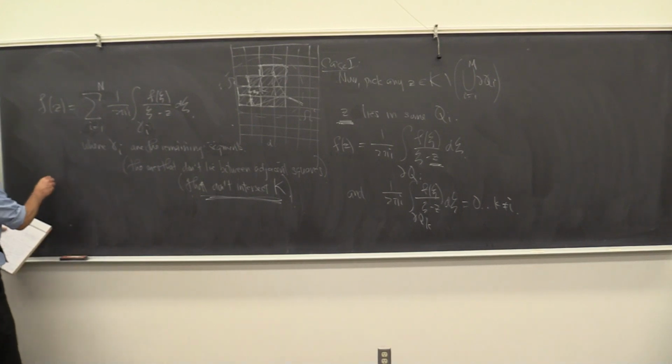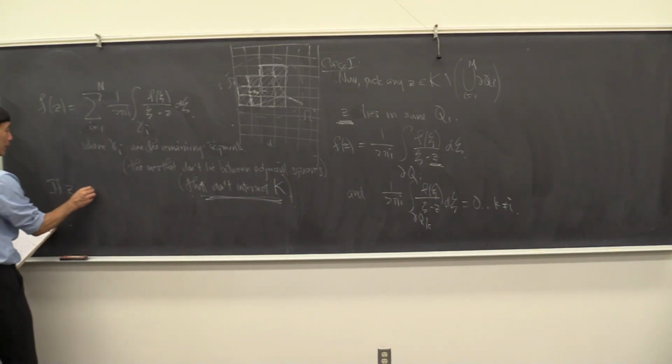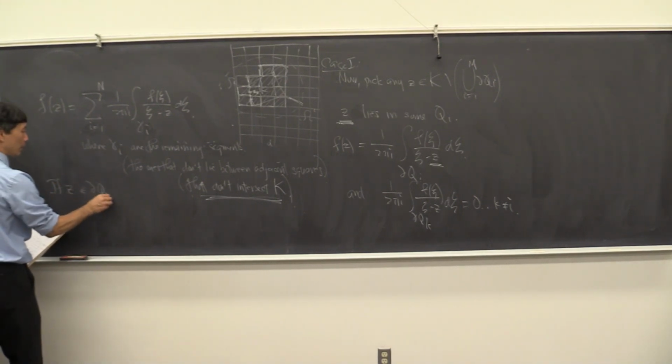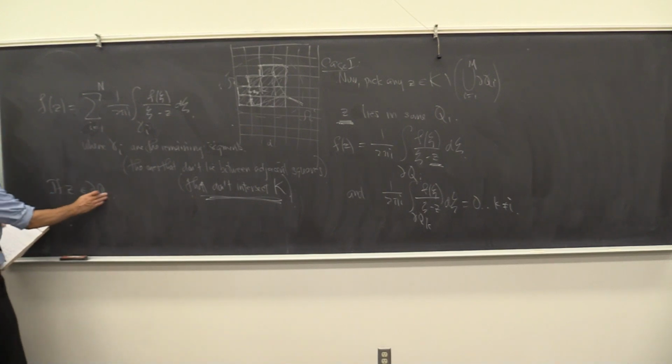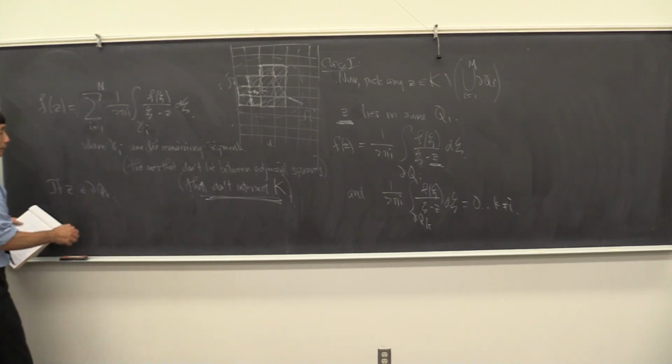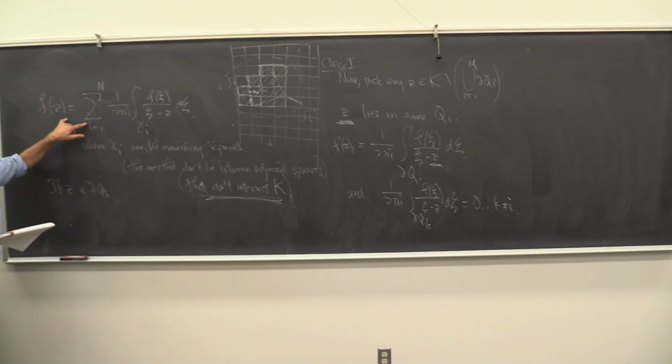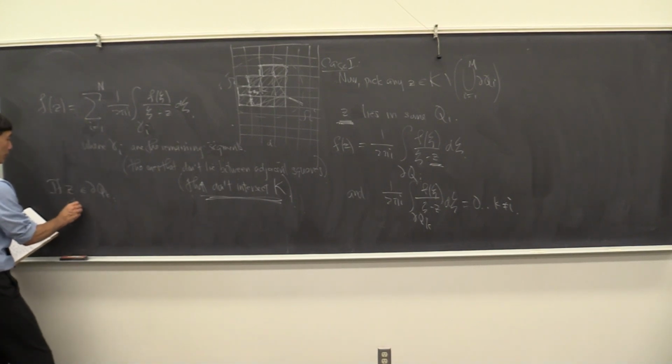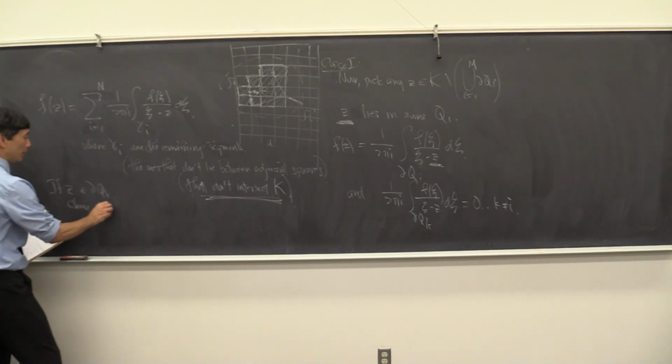If z is on a boundary, then just take a sequence of points w_k for which the formula is valid, that approach z.